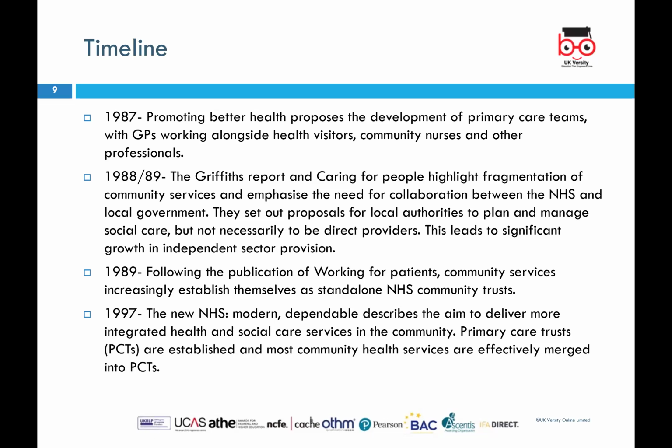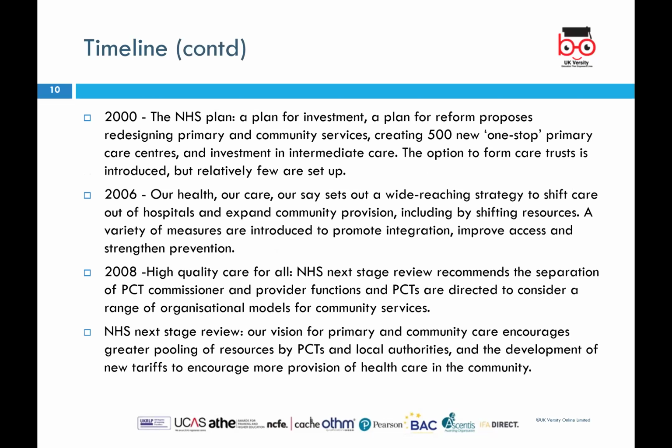In 2000, you had the NHS plan. That plan was for investment and reform, and it proposed redesigning primary and community services, creating 500 new one-stop primary care centers. So there was large investment in it and in intermediate care.